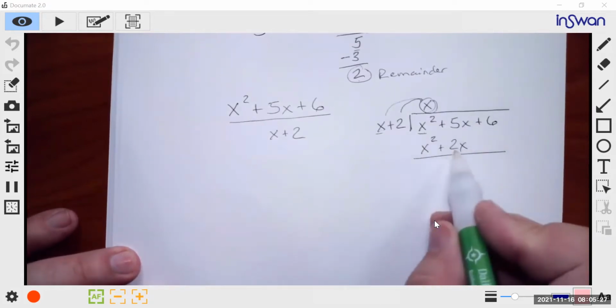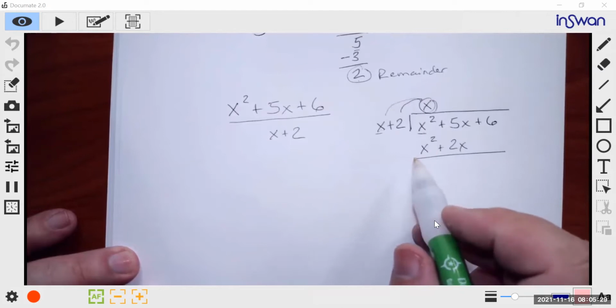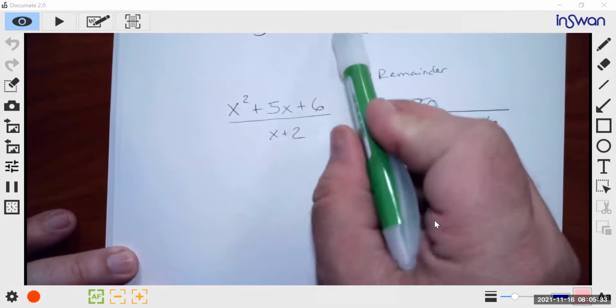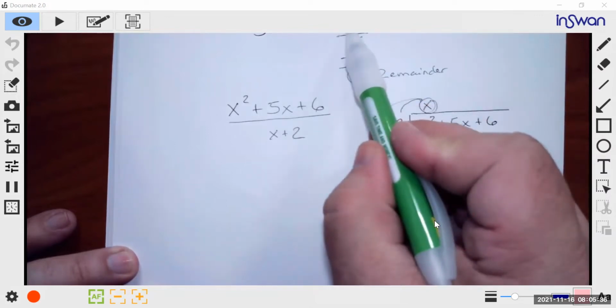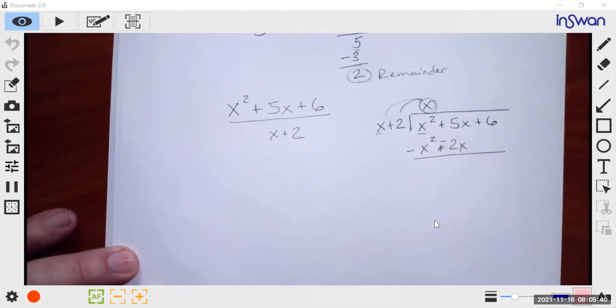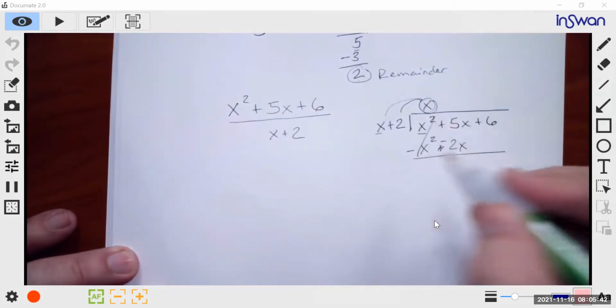Okay, now we got this number here. We change the signs and add. That's what we did here. It used to be 3. We changed the sign and we added the numbers. 3 plus negative 3 is 0. So we change the signs and we add.